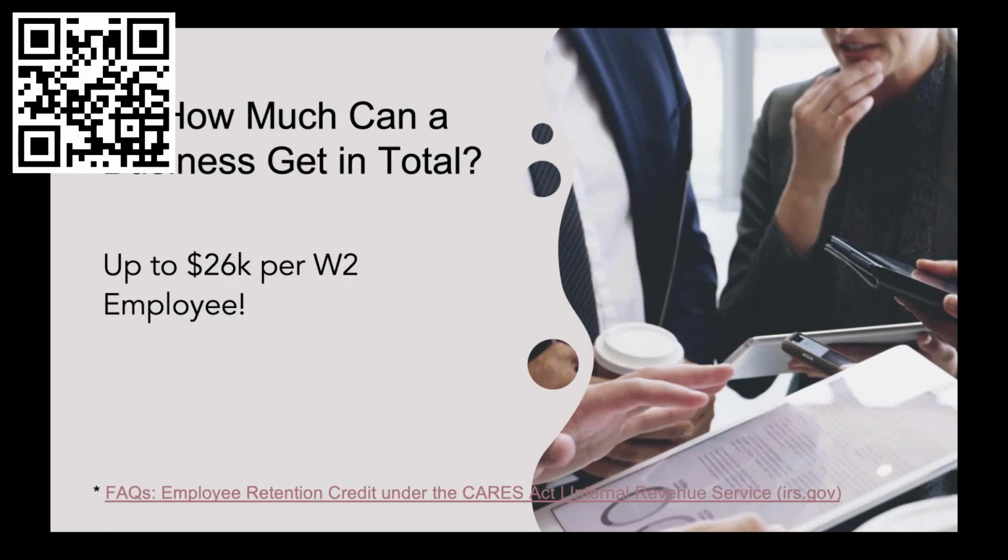The program only helped the traditional employees on payroll, which is the vast majority of people. So up to $26,000 is a 500% increase from the previous year, and still nobody knows about it.